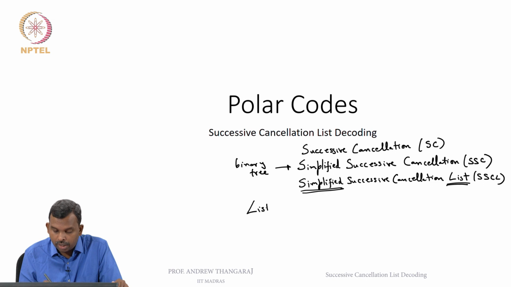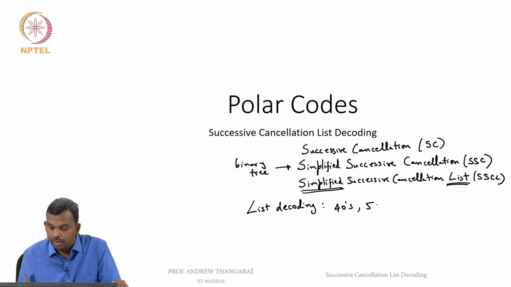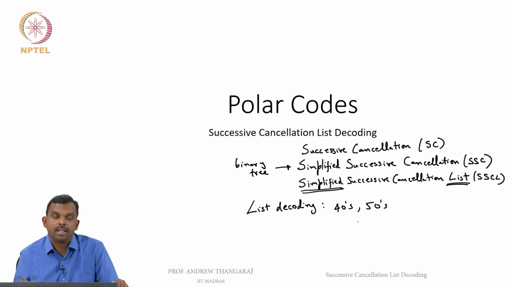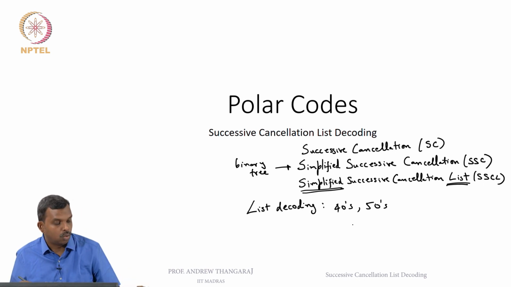It goes back to the late 40s and early 50s. Some of the pioneers of information theory used the notion of list decoding. So, it is natural that people tried list decoding in the context of polar codes when they wanted to improve performance.